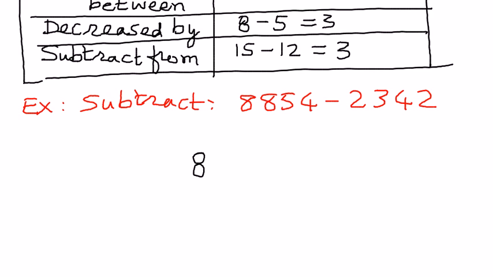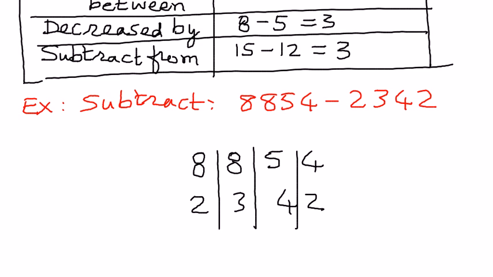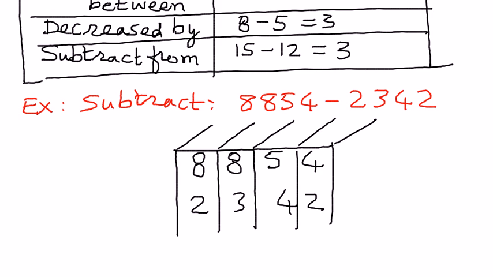So let us write these numbers down. 8854, and then the second number we have is 2342. If I were to draw these lines and identify the place value of the numbers given to us, the first one is the ones place, the second one is the tens place, the third one is the hundreds place, and the fourth one is the thousands place.